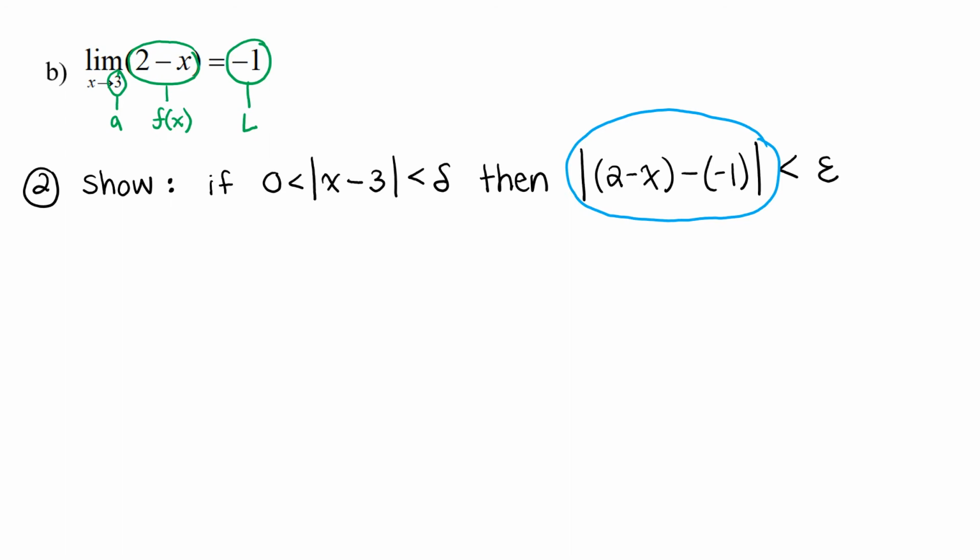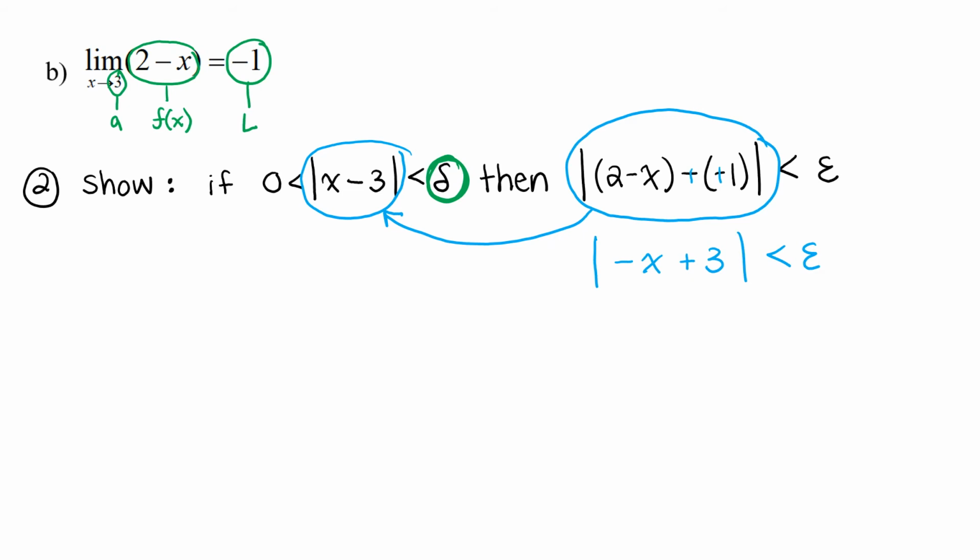So we're going to take this piece and transform it into that piece so that whatever's on the other side of our inequality symbol will be a good guess for delta. So let's start by simplifying this. So we have the absolute value of, well, if we're subtracting negative 1, that's the same as adding 1. So we have the absolute value of negative x plus 3 is less than epsilon.